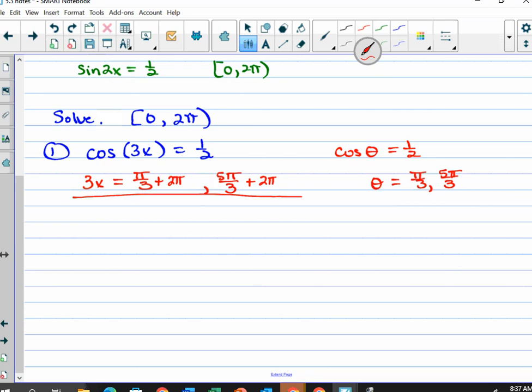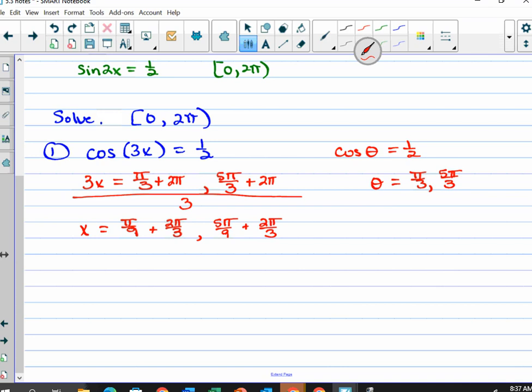We're going to divide everything by 3 so that I can get x alone. All right, I've got pi over 9, and then it's going to be plus 2 pi over 3. Pi over 9, sorry guys, I didn't divide by 3. And then 5 pi over 9 plus 2 pi over 3.